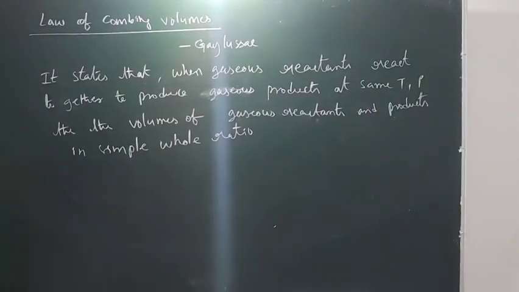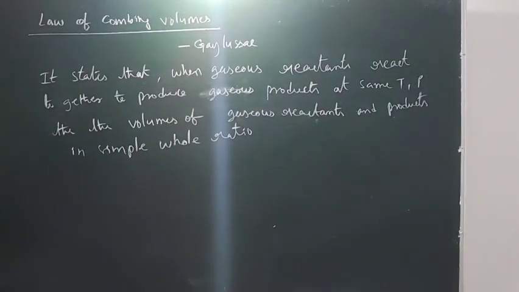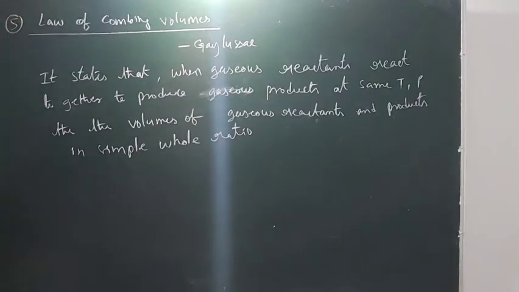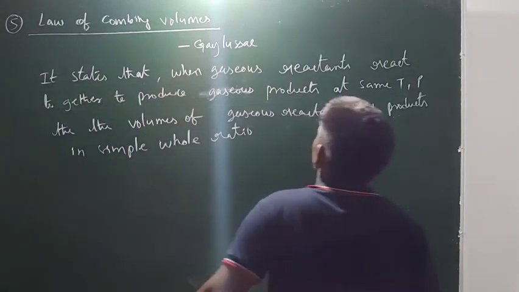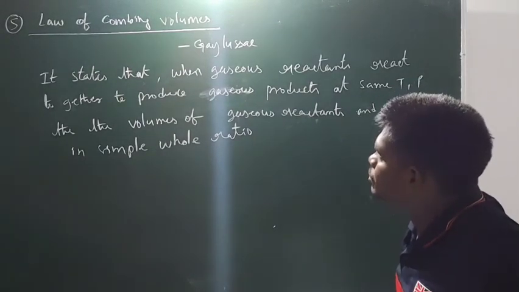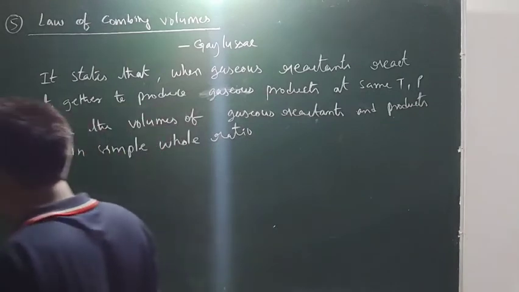So right guys, this is the last law of chemical combinations. This is the fifth one. The fifth law of chemical combinations is the law of combining volumes, which was given by Gay-Lussac. Now let us see the statement of this law.